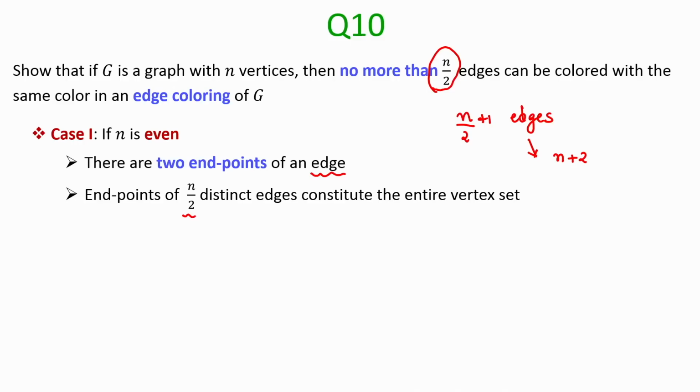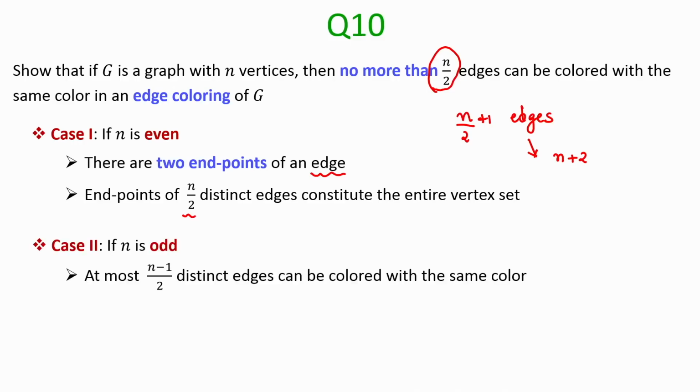I can't color more than those many edges, whereas if n is odd, then this quantity n by 2 is not well defined, it will not be an integer value.